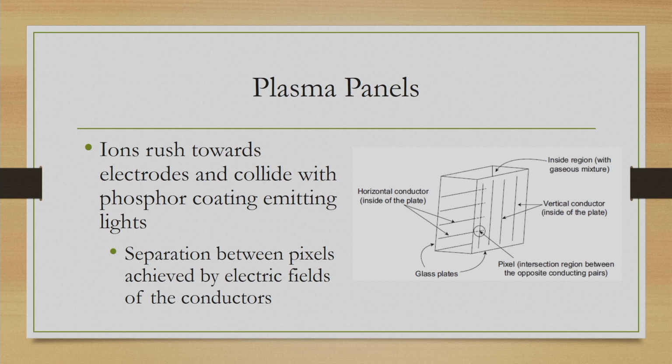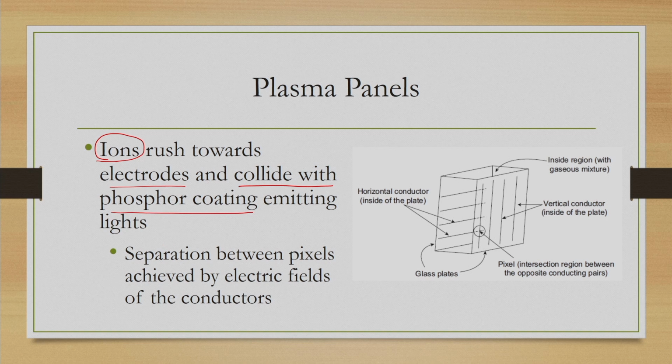The effect of image displayed on the screen happens due to ions that rush towards electrodes and collide with the phosphor coating.